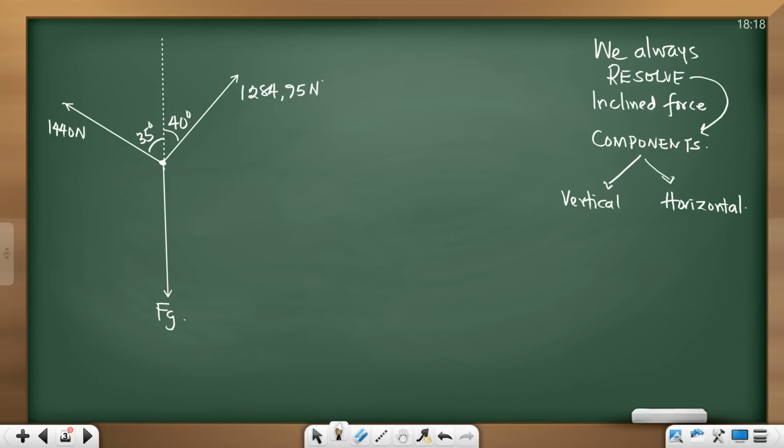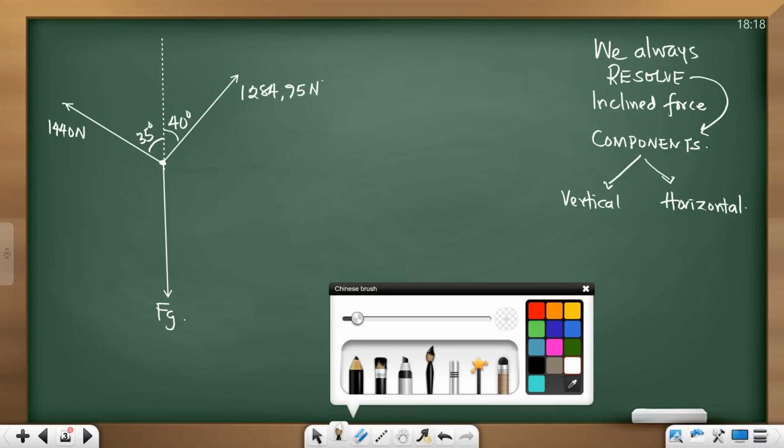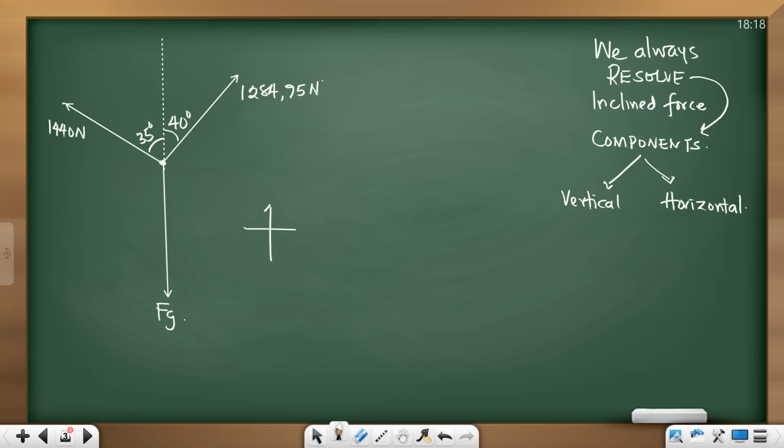Okay, guys, I want to now do my components. One easy way that I do my components is to use your normal compass. North, south, east and west. Let's call this force number 1, and let's call this force number 2.